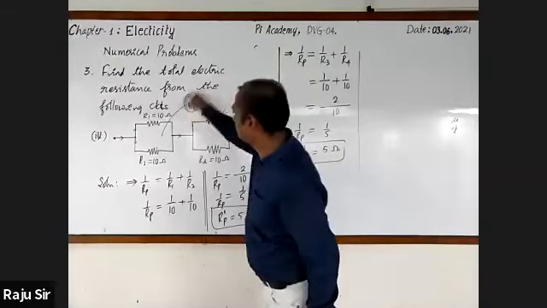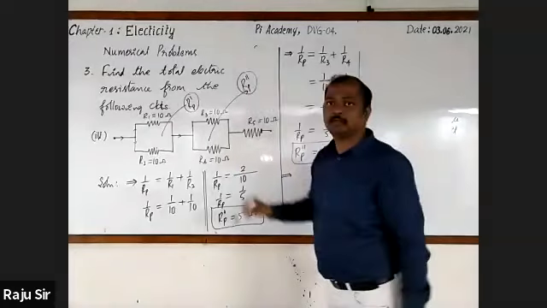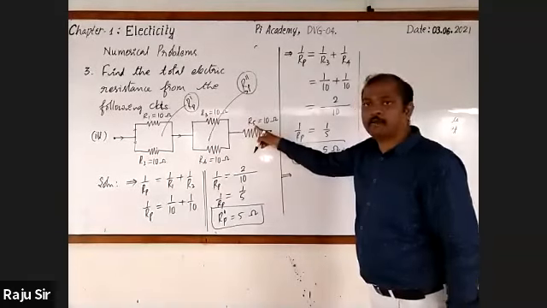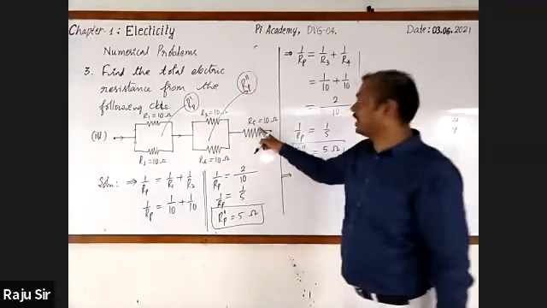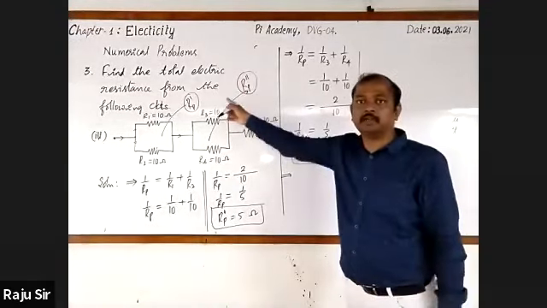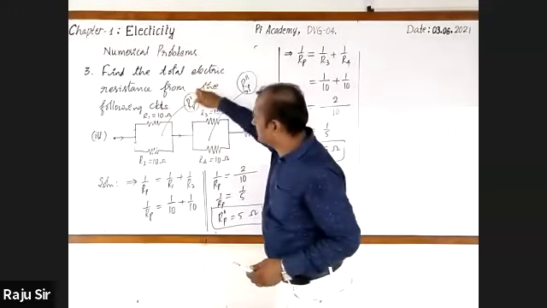Next. See that. Now this is Rp dash and this is Rp double dash and this is R5. How are these connected? Series or parallel? In series, sir. This whole combination I have been taking as Rp dash.